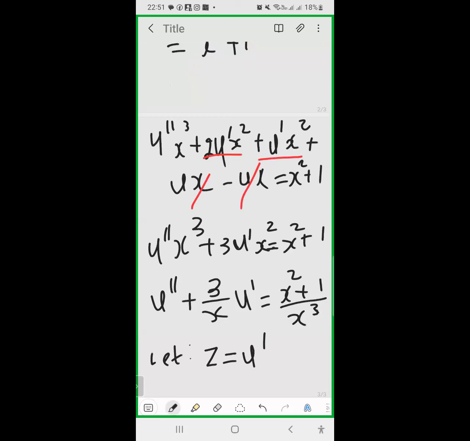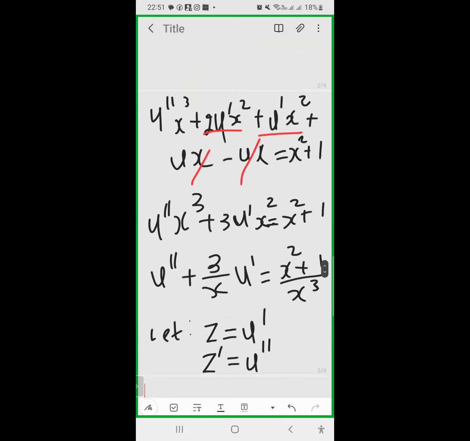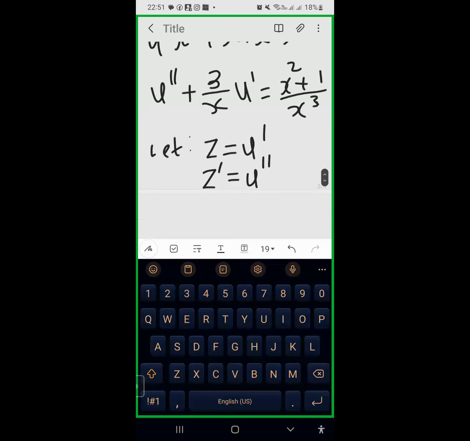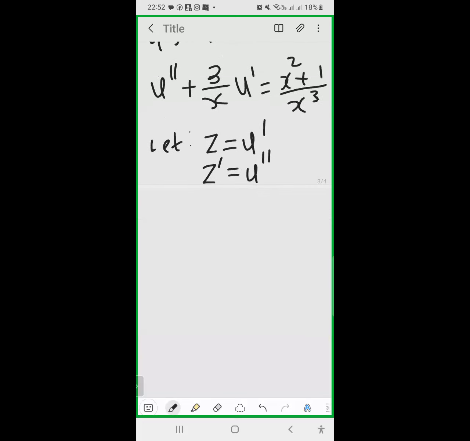Since I let z be equal to u prime, that means z prime will be equal to u double prime. Therefore, we're going to have z prime plus 3 over x z equals x squared plus 1 over x cubed.